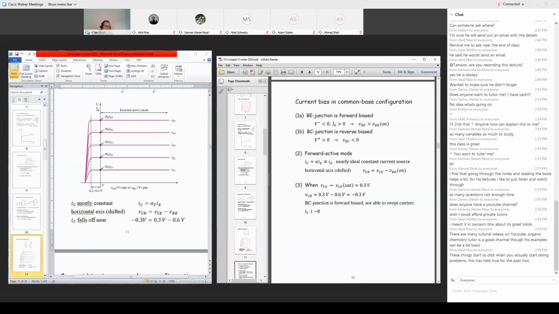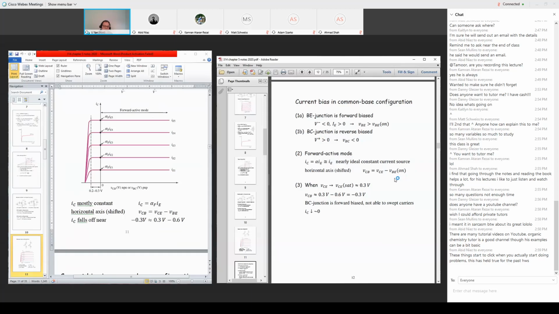I'm plotting IC versus VCB, so the horizontal axis is actually shifting. I'm not plotting VCE. What's the difference between VCB and VCE? VCB equals VCE minus VBE, and VBE is a constant voltage of 0.6 volts, for example.